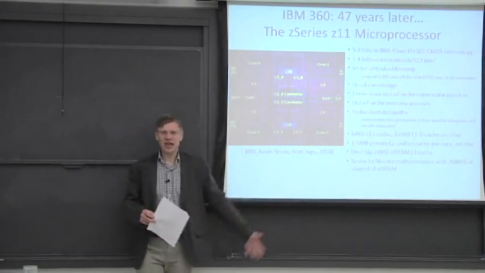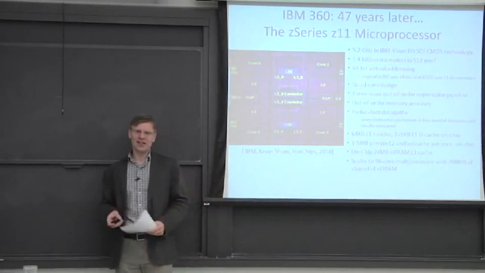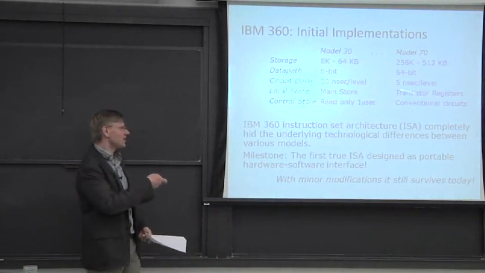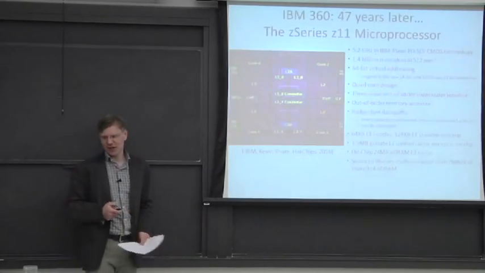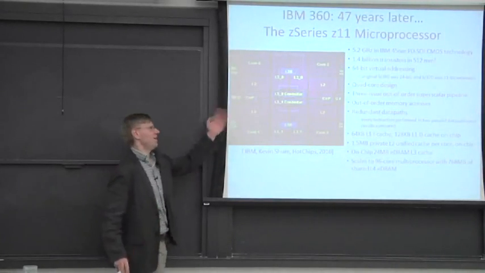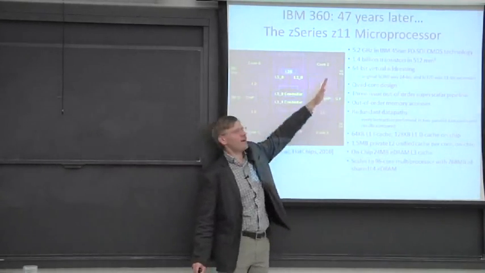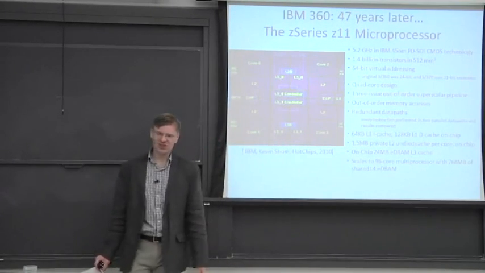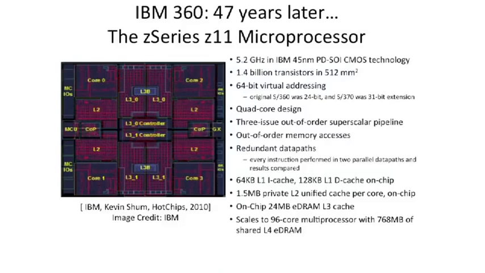So going back to that 8-bit processor, which had a 1 microsecond control store read, which is forever, we now have the z11, which is running at 5.2 gigahertz and has 1.4 billion transistors. They have updated the addressing, so it's no longer 24-bit addressing, but it still supports the original 360 addressing.